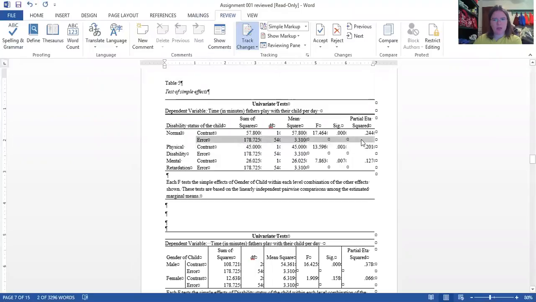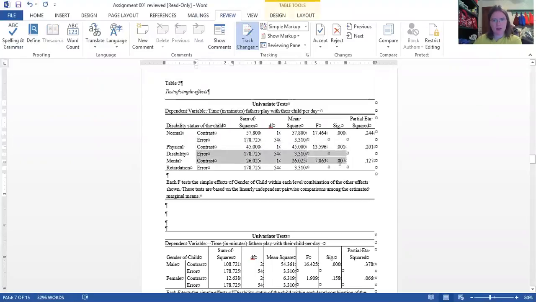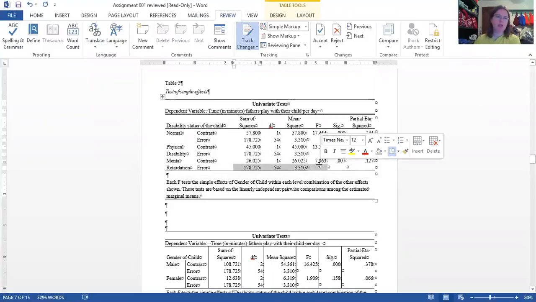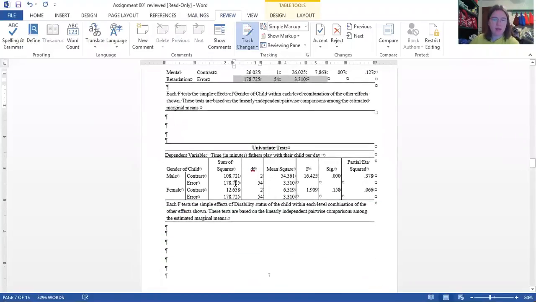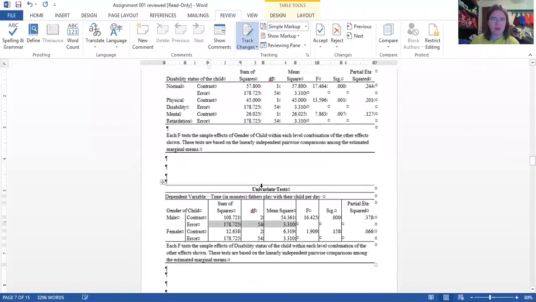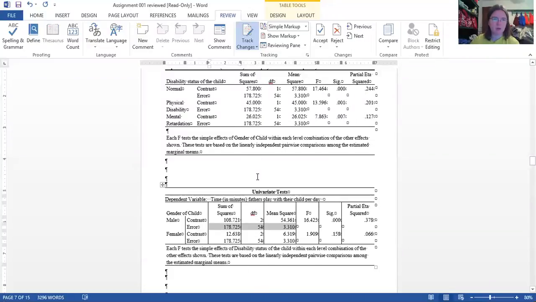So you'll take out this error and this error, because notice both of those errors are exactly the same as the error down here. So you only need to have it once in each table. Down here, the same thing. You'll take out this error because you only have to list it once. And then you're going to combine these 2 tables into one.